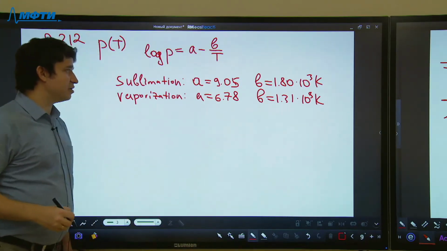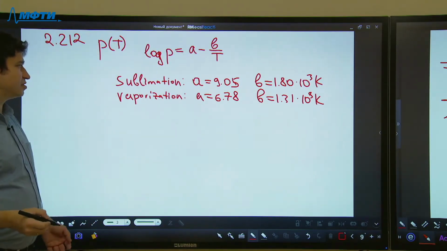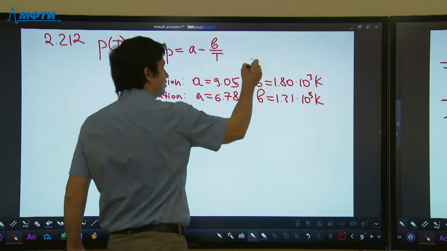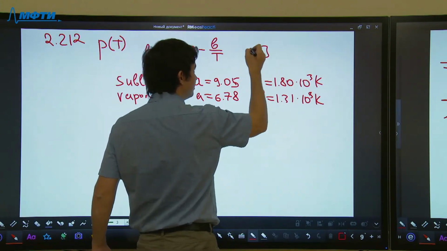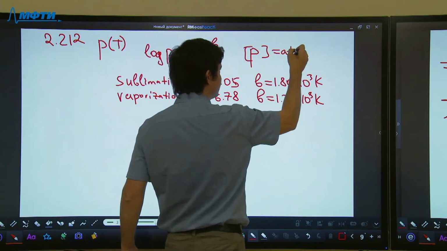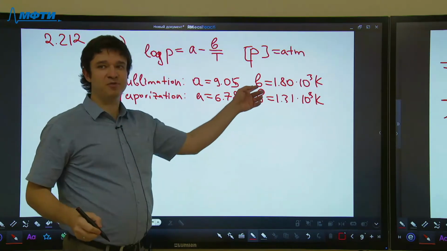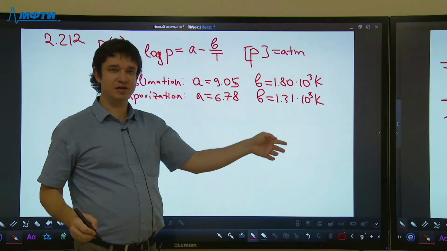Now it looks like some kind of strange stuff, but I know that the pressure is measured in atmospheres. Why do they say that if the pressure is measured in atmospheres, then I have this equation?